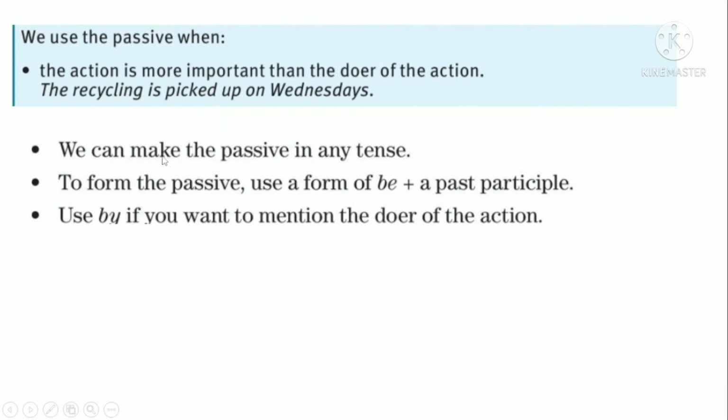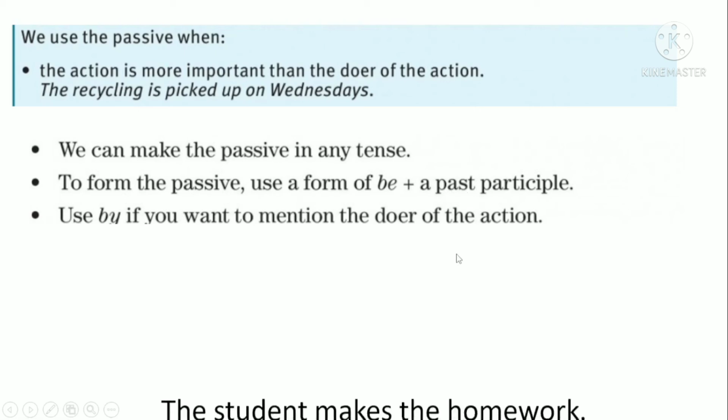Remember that we can make the passive in any tense. To form the passive, use the form be plus a past participle. Today we are seeing examples of simple present, okay? And another rule is use by if you want to mention the doer of the action.